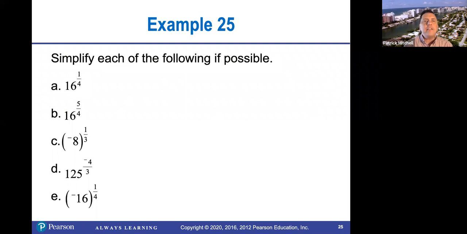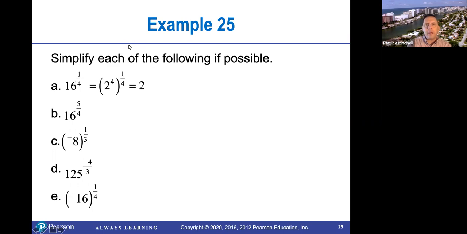All right, so let's simplify each of these, starting with 16 to the power 1/4. So 1/4 power means 4th root. Oh, okay, that's a different way to do it. I didn't think about doing it this way. You can rewrite 16 as 2 to the 4th, and then by properties of exponents, the 4 and the 1/4 cancel each other out and just leave you with 2.